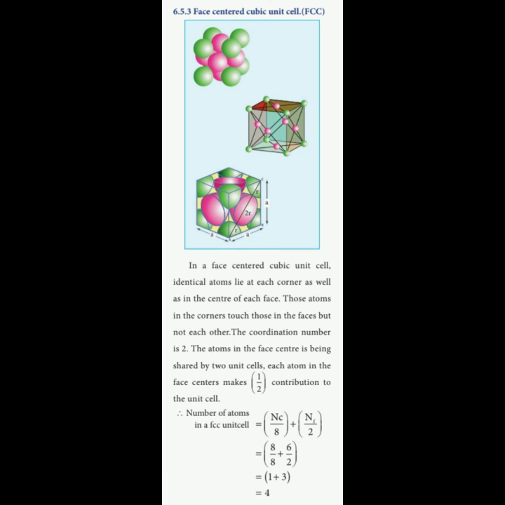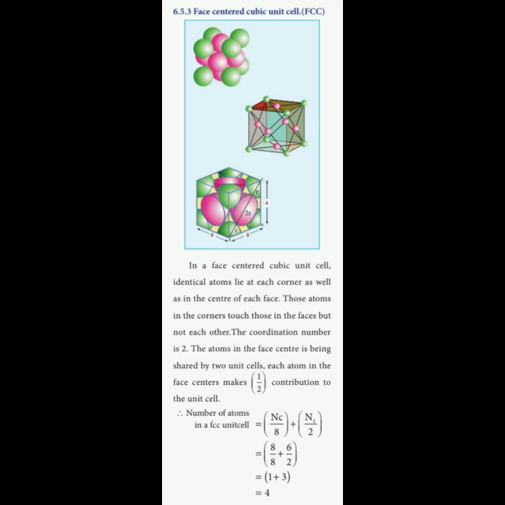So the number of atoms in the face-centered cubic unit cell is Nc by 8 plus Nf by 2, where Nf represents the number of atoms in face centers, which is equal to 6. So 8 by 8 plus 6 by 2. Why is it Nf by 2 here? Suppose you take a textbook, a notebook, and one atom is present at its center.